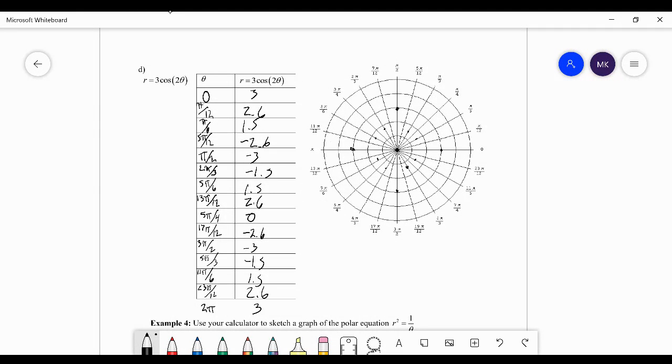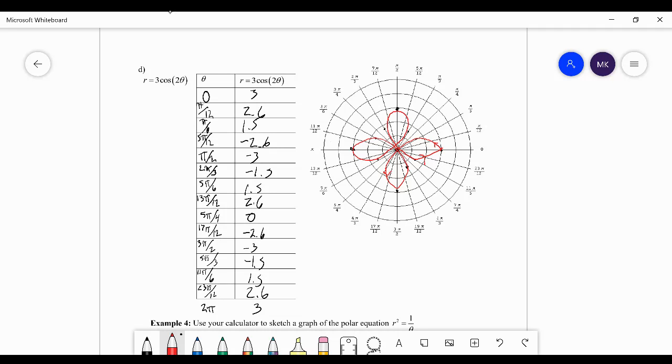Okay. So what it roughly looks like is it starts out coming from here, down to here, and finishing like this.